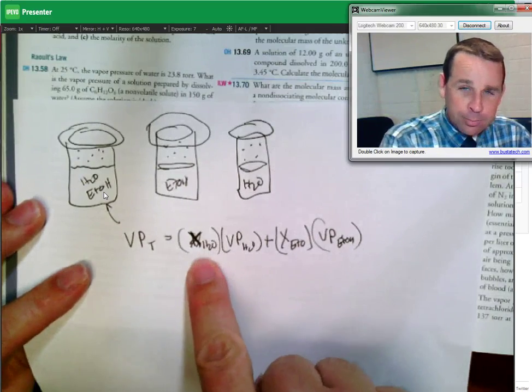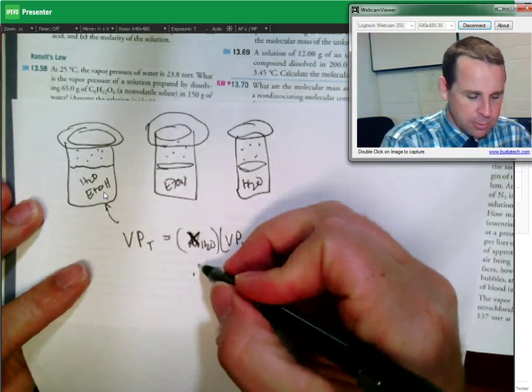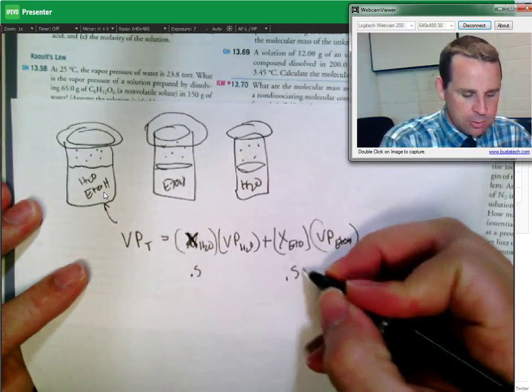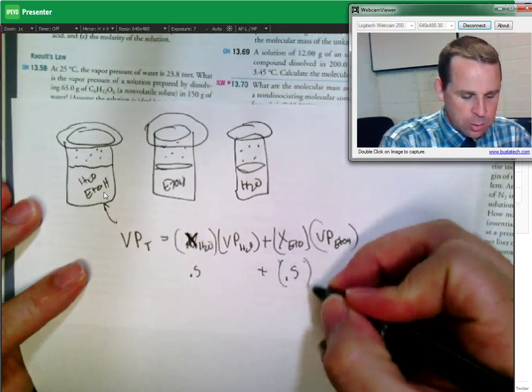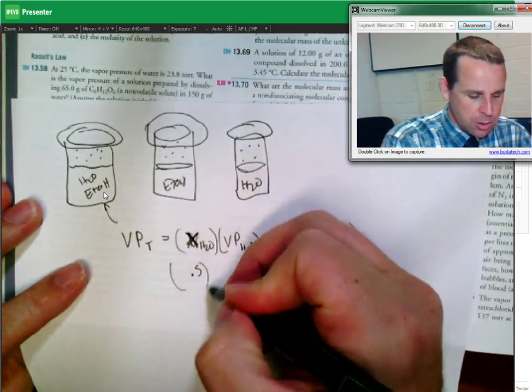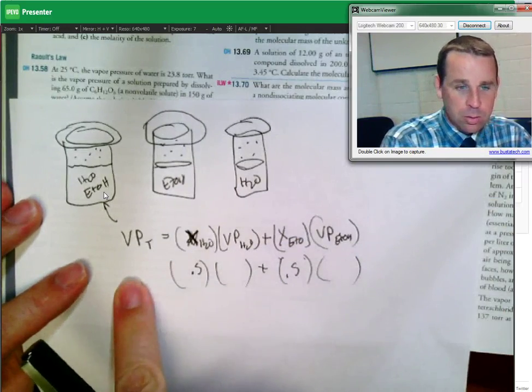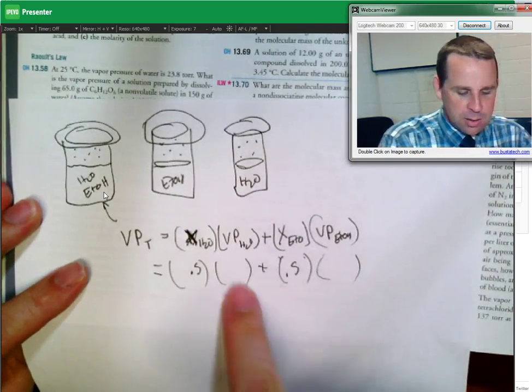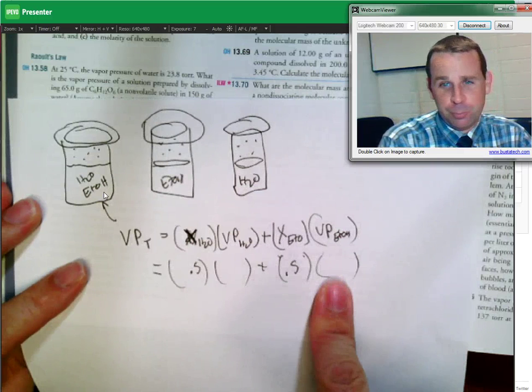If it's half water, 0.5 and 0.5, then the resulting vapor pressure would just be the average of these two.